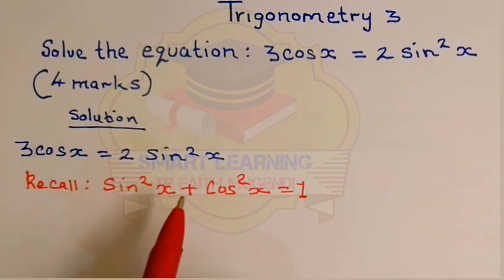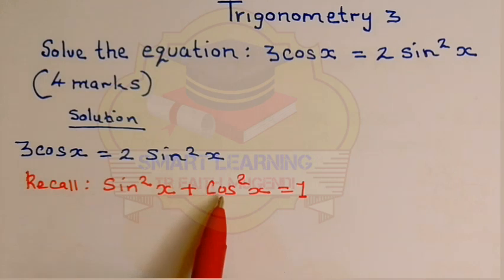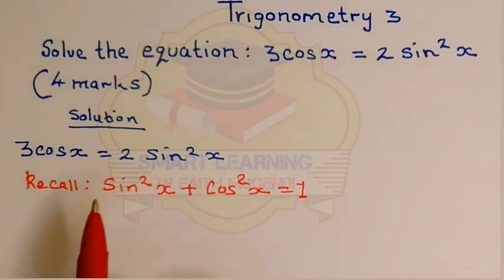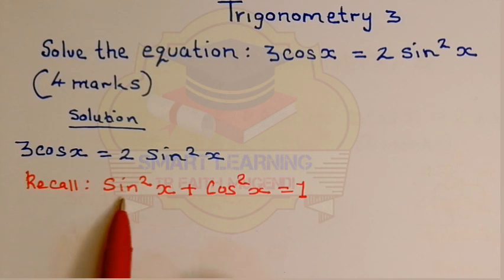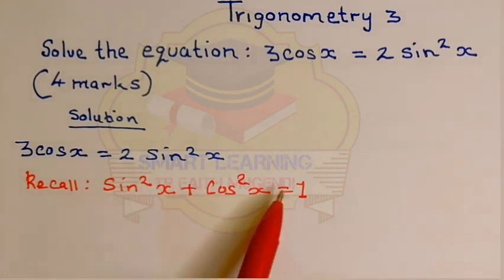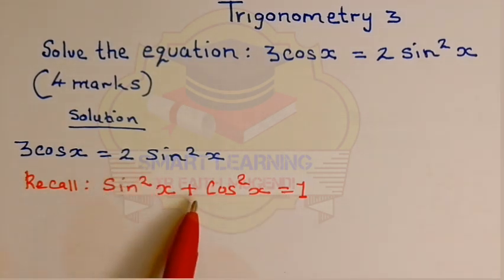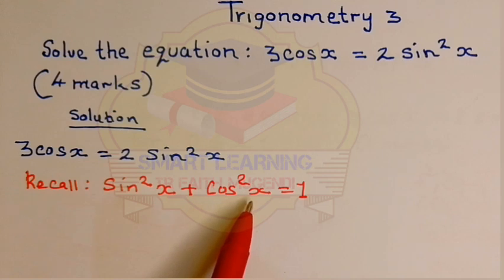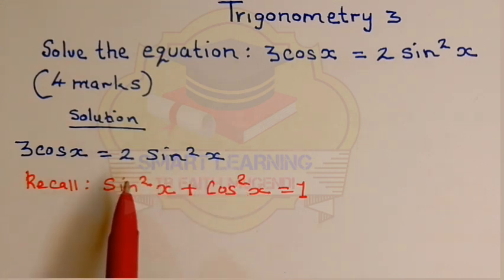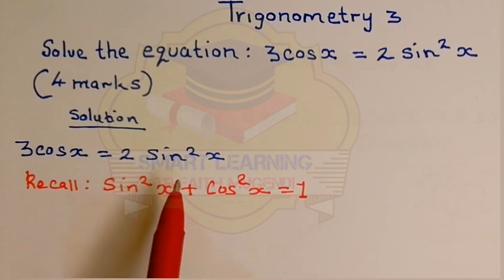And for us to do that, we need to use the known definitions and identities. The only identity that can help us here is this one. When we use this identity, we can change our equation to involve only one ratio. That is the only secret.